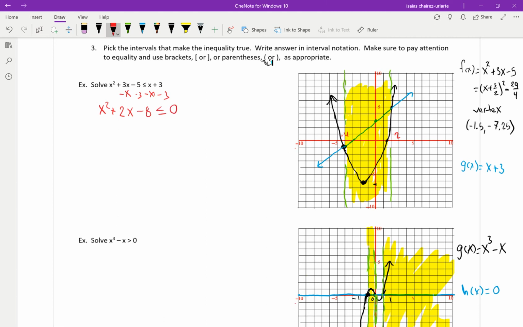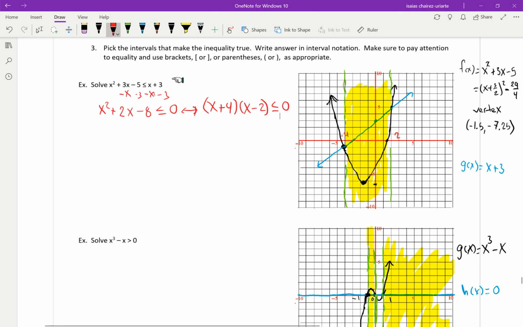Okay. And then, furthermore, sometimes this is not possible, but if it's possible, now that I have everything on the left-hand side of my inequality, I am going to try to factor the left-hand side as much as possible. And what I notice is that this can be factored like this: x plus 4 times x minus 2 is less than or equal to 0. Okay, and so now I have 3 inequalities here.